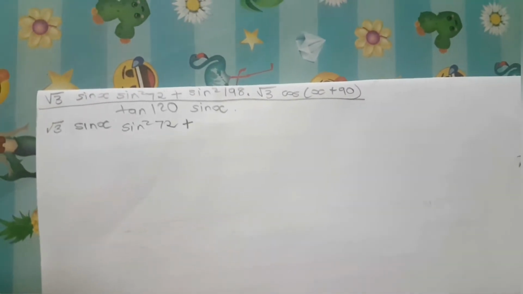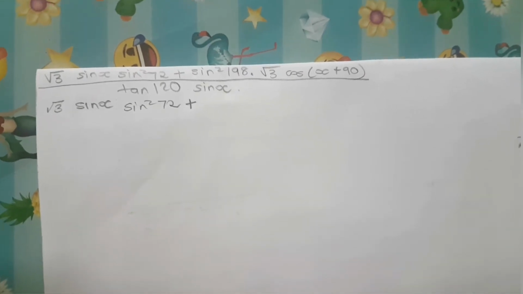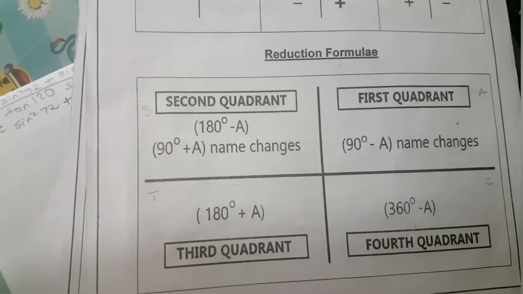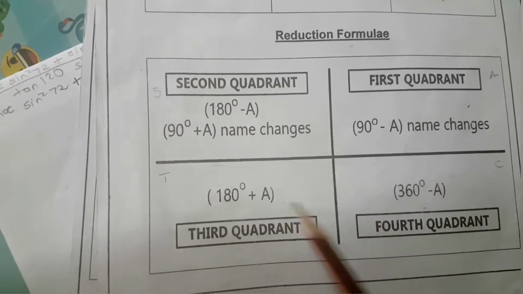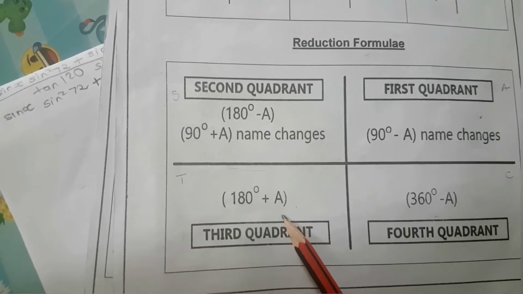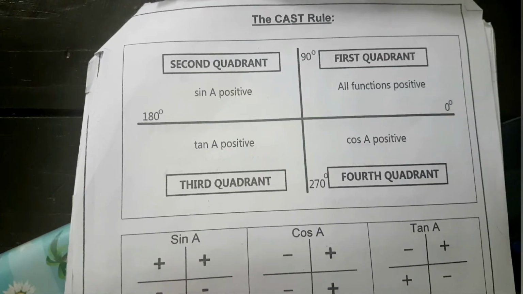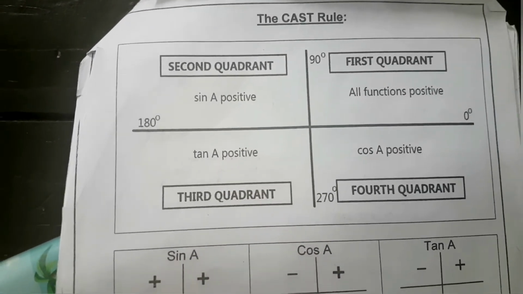198 degrees. We do not work with such big degrees. You need to change it into an acute angle, and 198, according to your reduction formula, is bigger than 180, by 18 degrees. But remember, with your CAST rule, the third quadrant is where tan is positive.